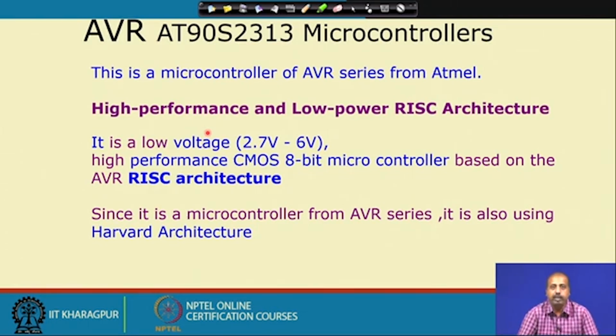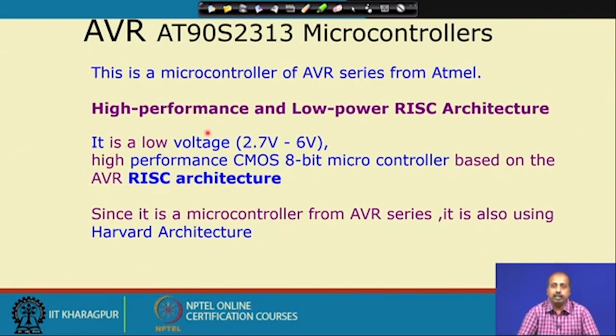Maybe when you are operating at 2.7 volt, you do not get the same performance as when you operate at 6 volt, but this power and performance trade off can be there. You may be satisfied with a lower degree of performance but want the power consumption to be low. In that case you can operate it at a lower voltage.